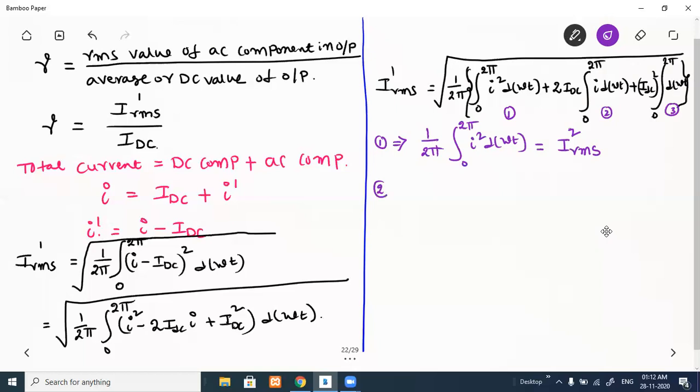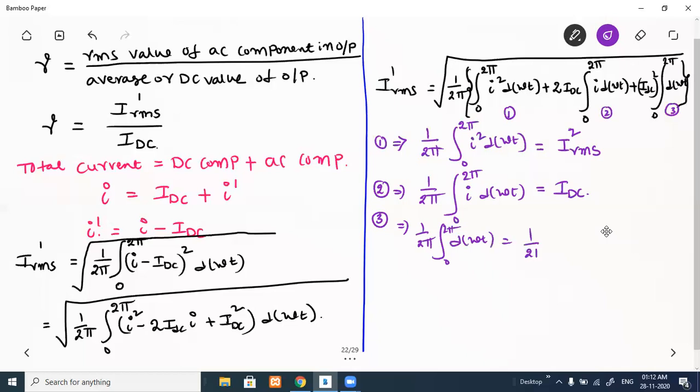Similarly, the second term is 1 by 2 pi integral 0 to 2 pi i d omega t, which equals I_DC. And the third term is 1 by 2 pi integral 0 to 2 pi d omega t, which is equal to 1 by 2 pi into 2 pi, that equals 1.